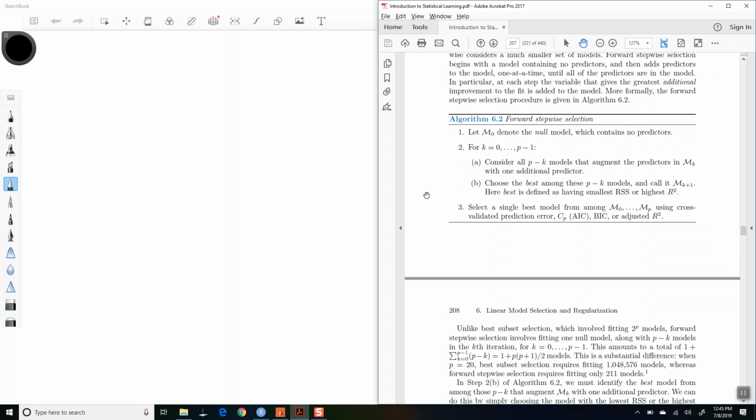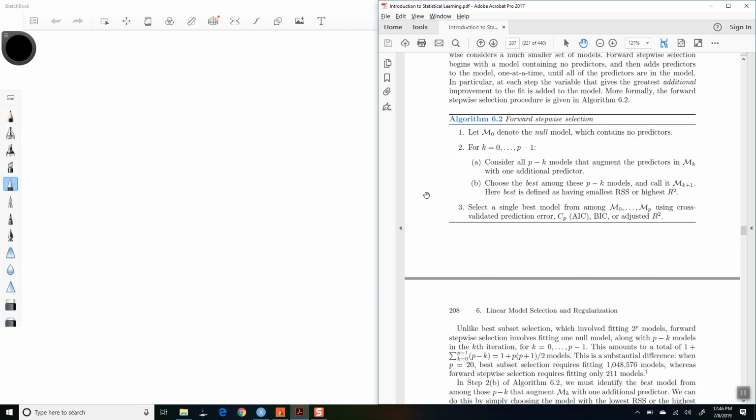I have all the models where I use one predictor, and which one's the best? Which one has the lowest RSS? You say, okay, we're going to pick that one. Then you try adding one more variable. Maybe the first time, variable 3 was the best variable to use, so variable 3 is locked in, and now you try out every other variable.